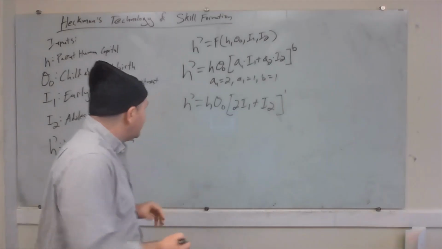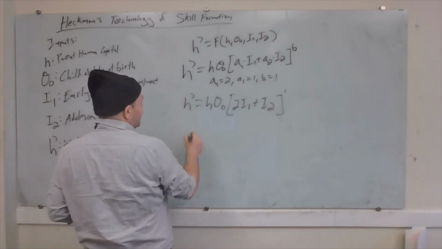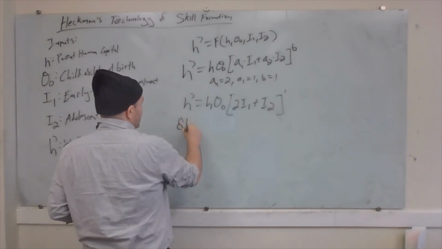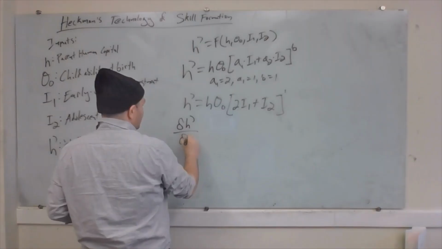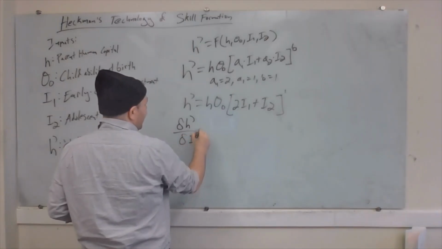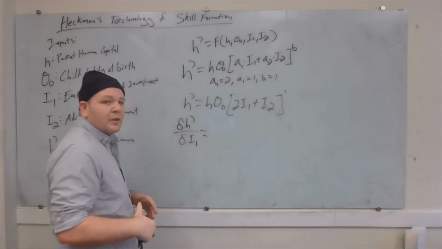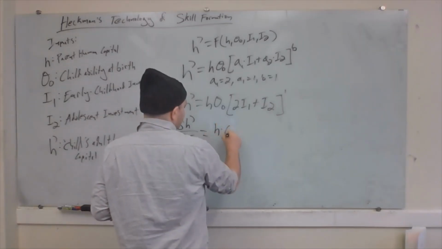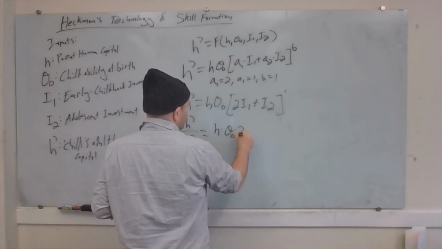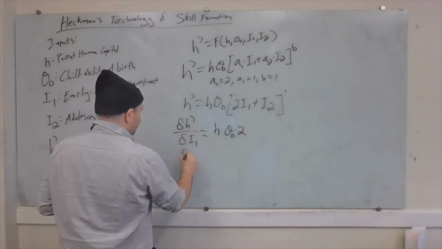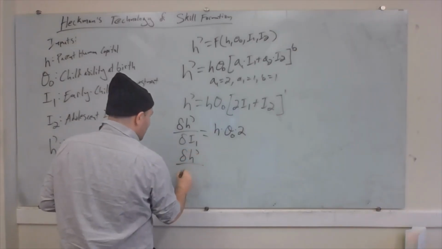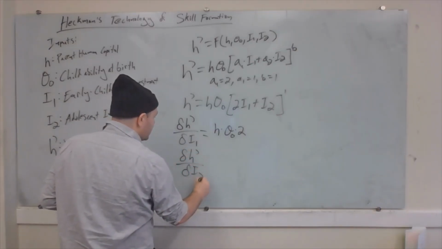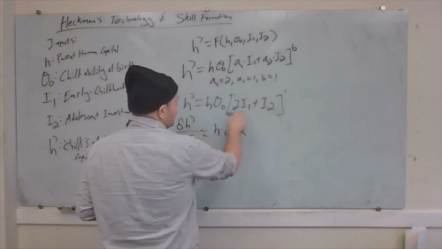So what would that look like? I'd say that my MRTS, right, the change in H prime that results in a change in I1, how much do I increase my child's human capital by investing in them in period 1, is just going to be H times sigma naught times 2, right? dH prime dI2 is just going to be H times sigma naught times 1.